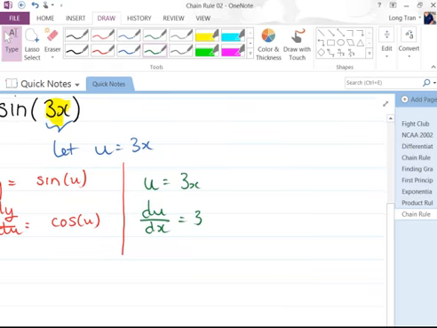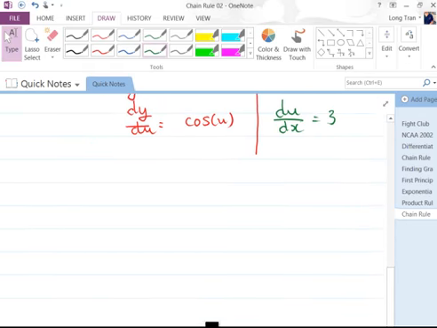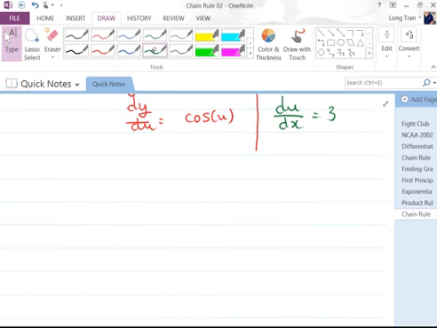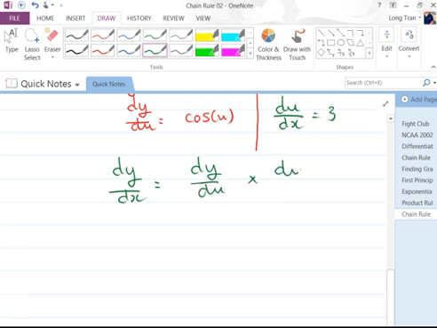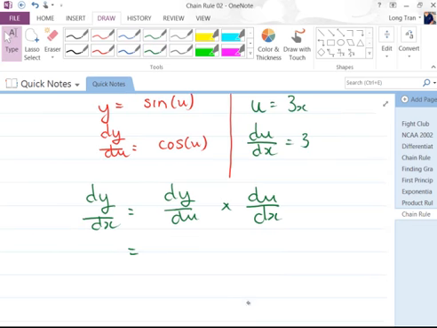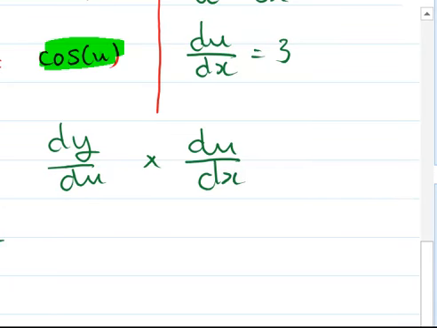So following on, the derivative dy/dx, according to the chain rule, is dy/du times du/dx. That's just a simple multiplication of these two functions, cos of u and 3, because that's what dy/du and du/dx are.